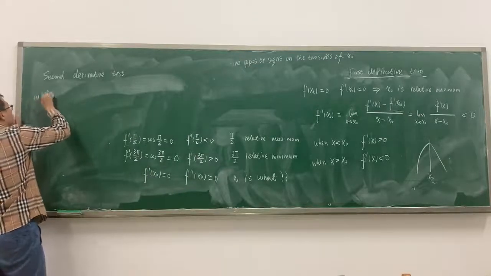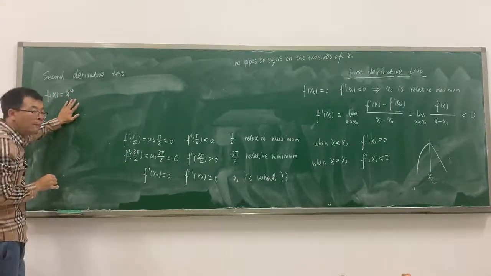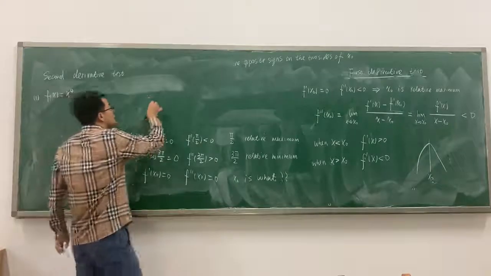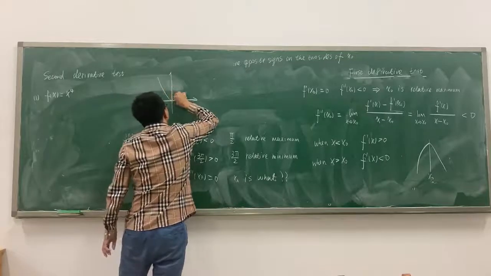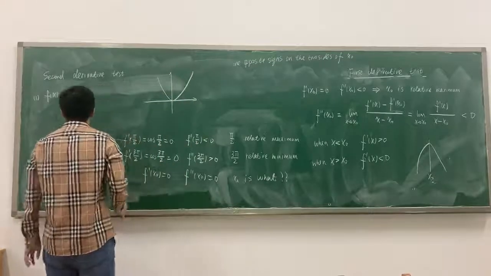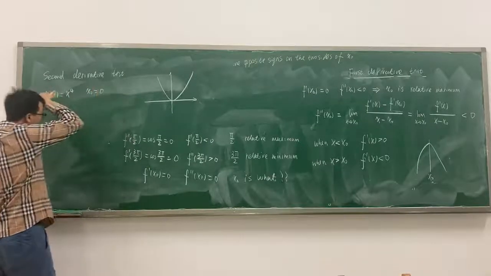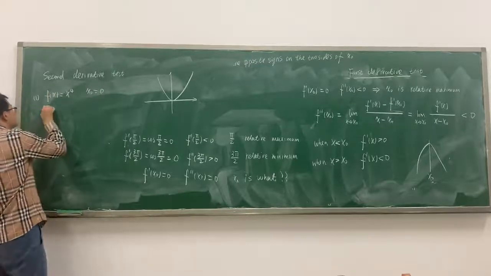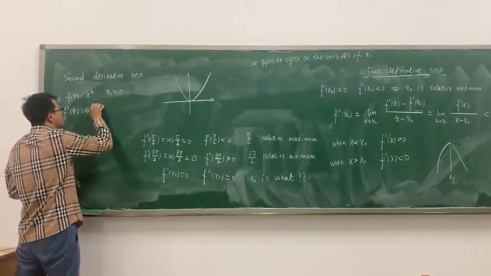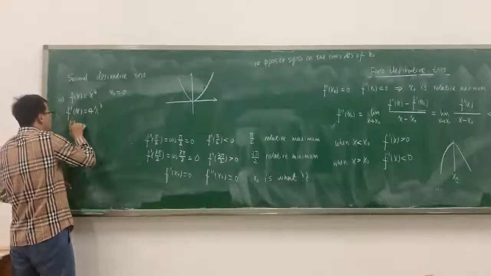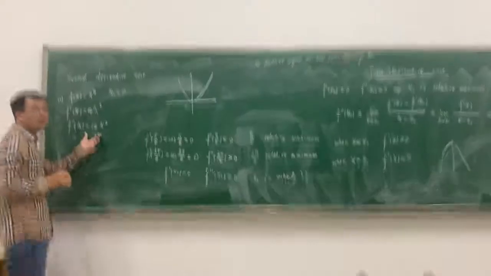The first example is f of x equals x to the fourth power. The graph is like this. Here x0 equals 0. f prime x equals 4x cubed, and f double prime x equals 12x squared.